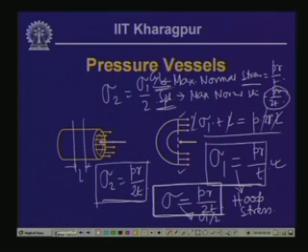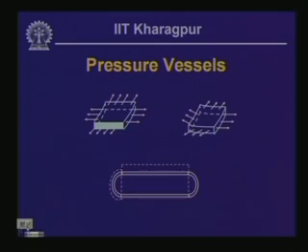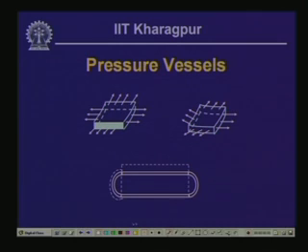Now, this aspect you can probably appreciate more through this particular diagram. This is the sigma 2 which is the longitudinal stress, and this is an element which has been taken out from a cylindrical vessel. In case of cylindrical vessel, the stress along the longitudinal axis really does not contribute to the equilibrium of the pressure which is being exerted on the curved surface by the content of the vessel, the liquid.